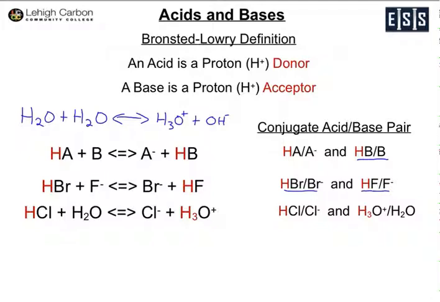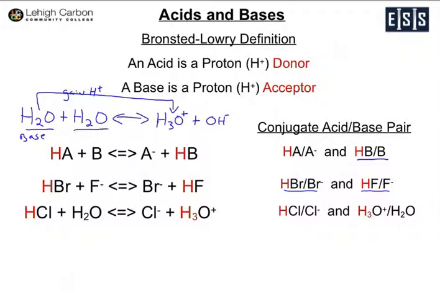This shows an important property of water: it's amphoteric, which means it can act as either an acid or a base. In this equation, this water going to H3O+ is gaining an H+, so it's acting as a base.